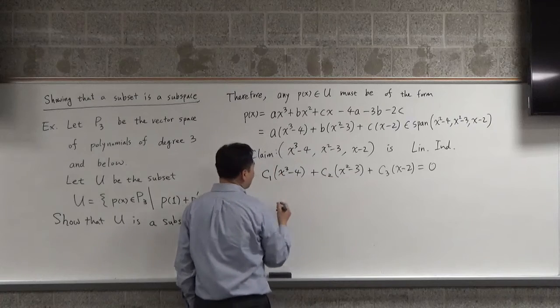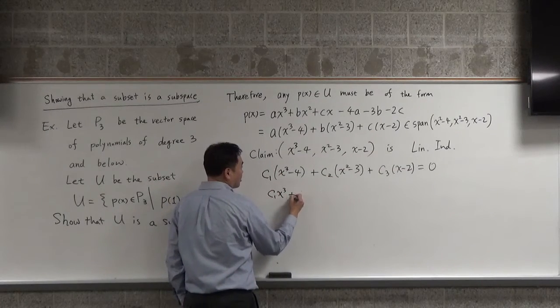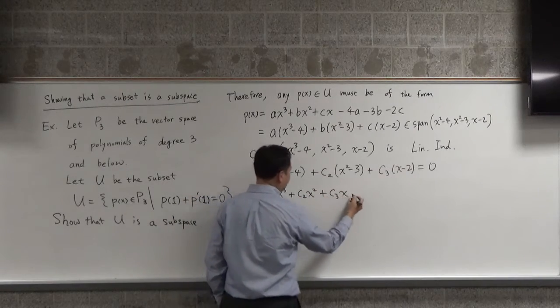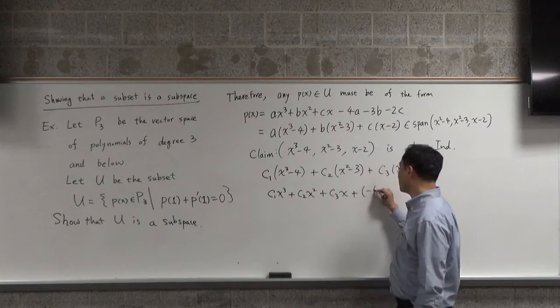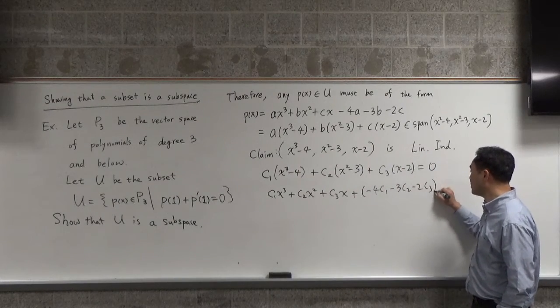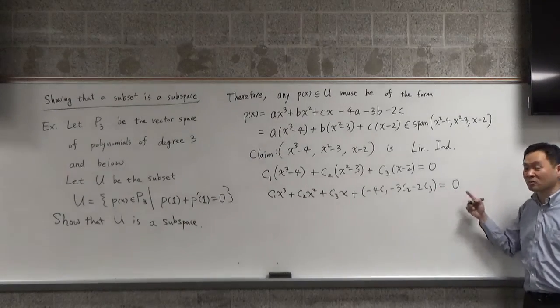But then if you write this out, this is c1x cubed plus c2x squared plus c3x plus negative 4c1 minus 3c2 minus 2c3 equals 0, but this is equal to 0 as a function.